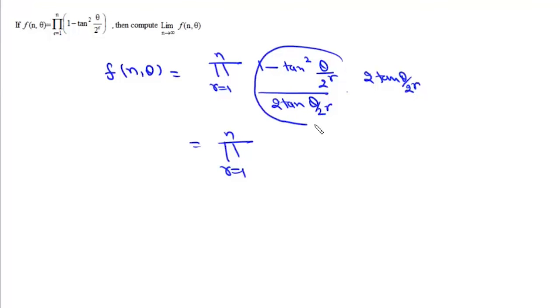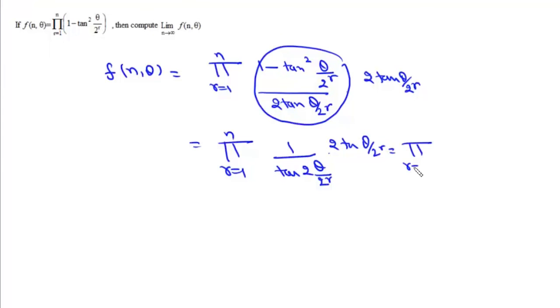Now this is tan 2 theta, so it will be 1 upon tan 2 theta 2 to the power r, and this is 2 tan theta 2 to the power r, which is the product r varies from 1 to n of 2 into tan theta upon 2 to the power r upon tan theta upon 2 to the power of r minus 1.